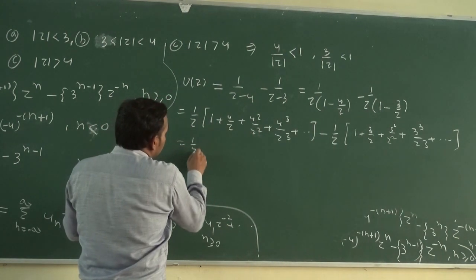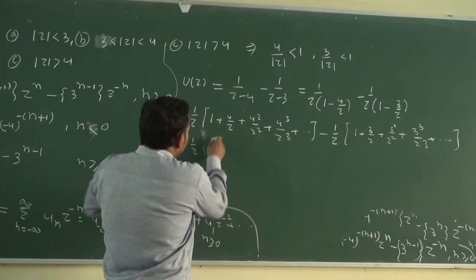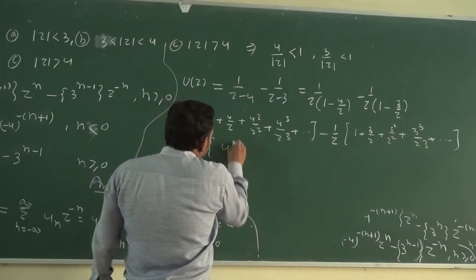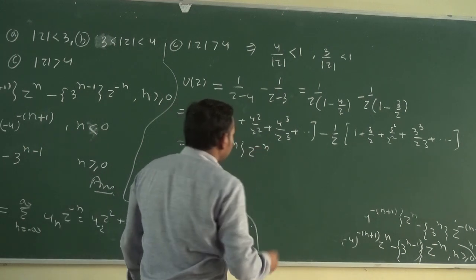Simply write this in terms of a sequence: 4 to the power n z to the power minus n.